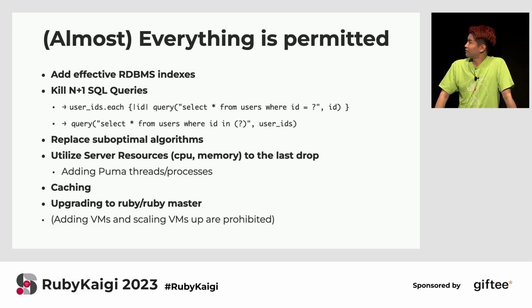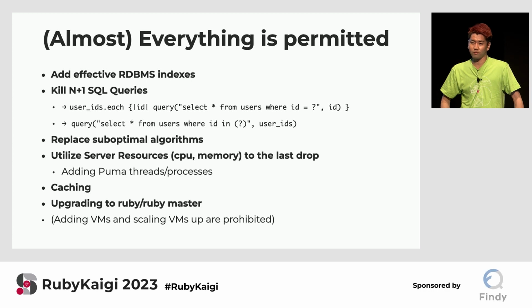Adding effective RDBMS indexes is OK. Killing n+1 SQL queries is OK. Just in case, n+1 SQL queries are queries done in loops. In this case, user IDs is a Ruby array, and you can see that a query is launched every single time in the loop. Replacing suboptimal algorithms is OK.